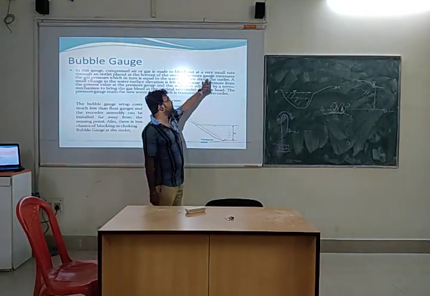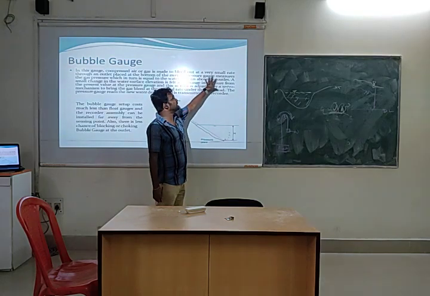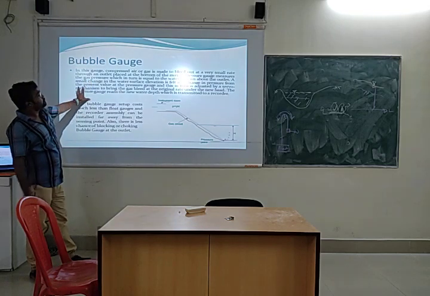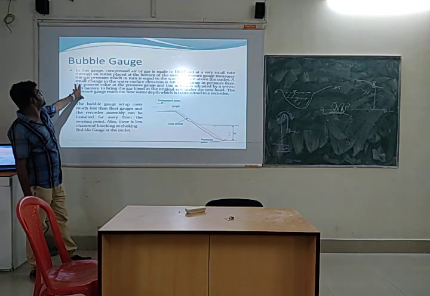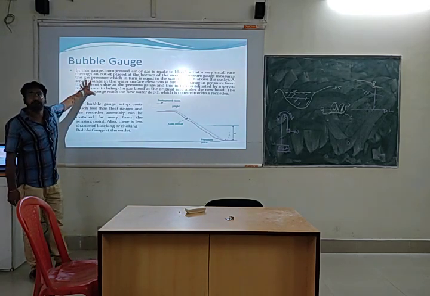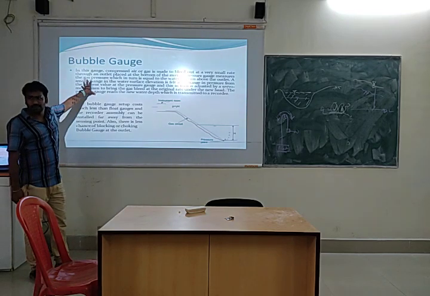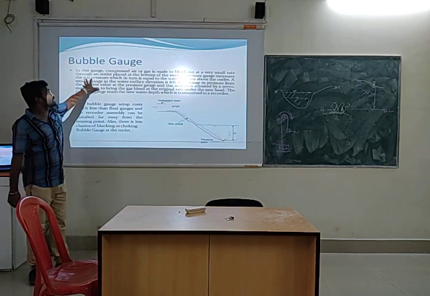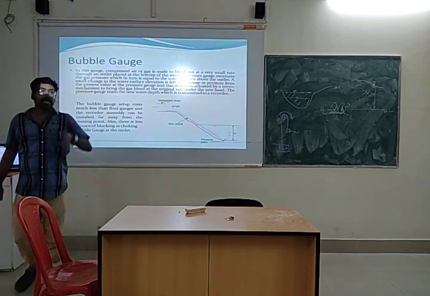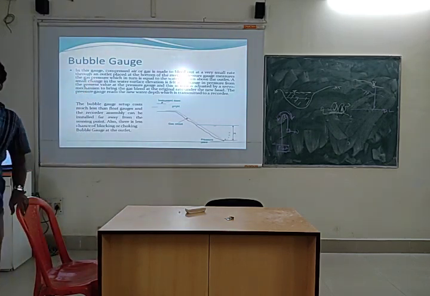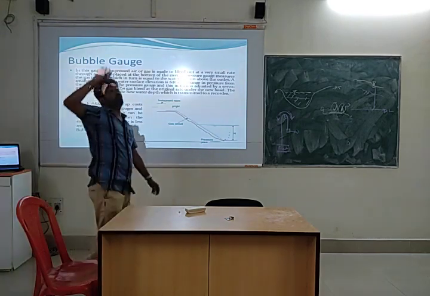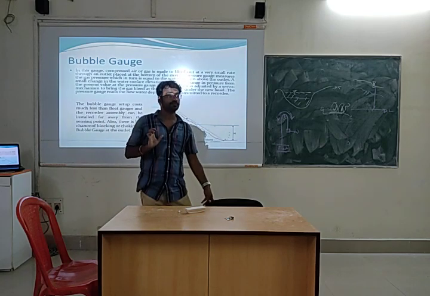So basically what are we finding out? We are finding out the pressure of the gas, right? Gas pressure. So by this pressure gauge, we are finding out the gas pressure mainly, and that gas pressure will be equal to the pressure exerted by the water column, right?